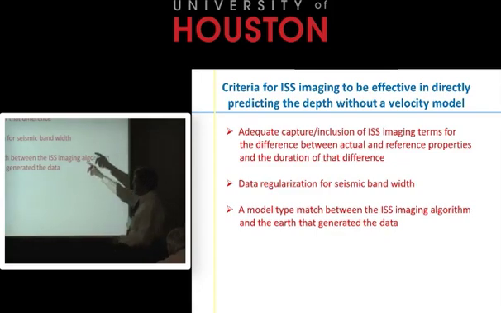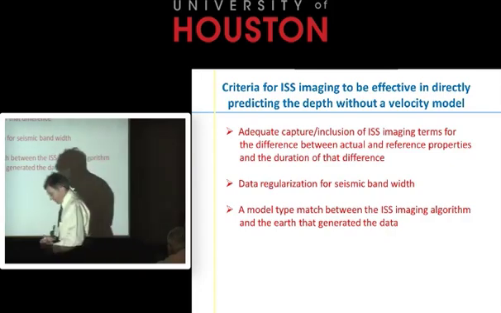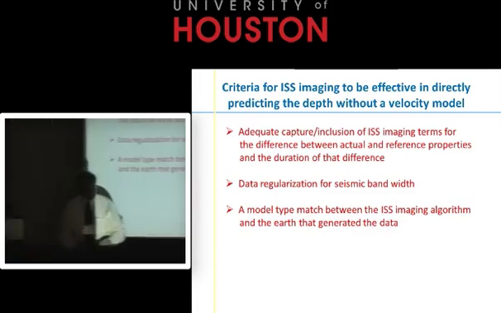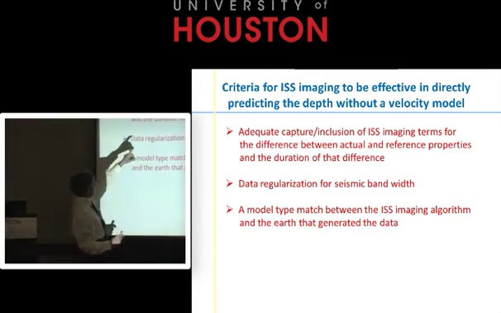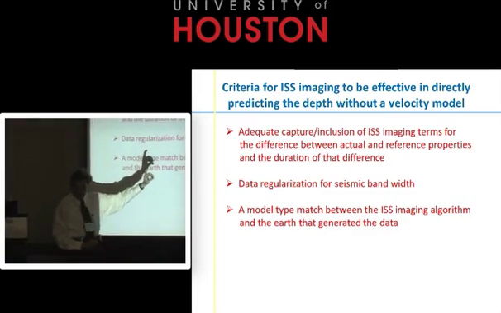You will see what happens when any one of these things is not satisfied, and then what happens when they are satisfied. If all of these are satisfied, the inverse scattering series gives you the depth directly. These are the criteria based on all our studies. So what we're going to do is take you through an example where each one of them is violated and satisfied, and you'll see the consequence.